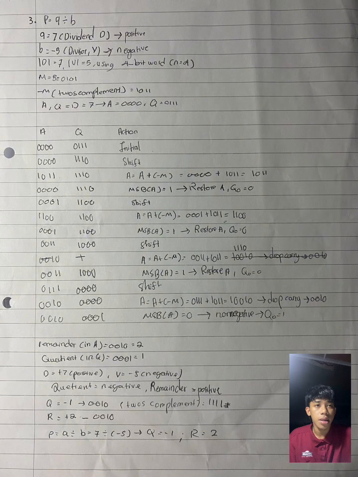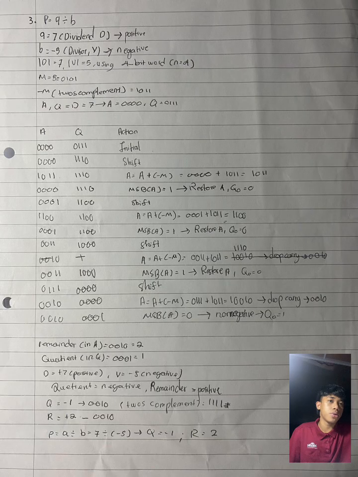MSB is 1, negative. So restore A equals 1100 plus 0101 equals 0001. So Q0 equals 0, and A stays 0001, and Q equals 1100.